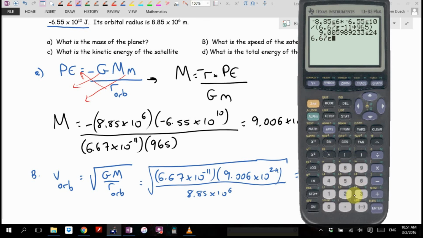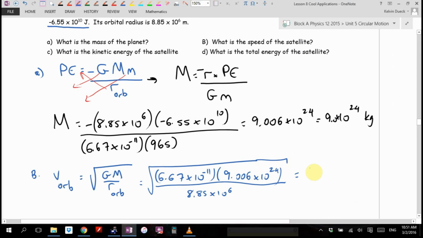Oh, square root. And that seems about right. Most of our orbital velocities were in the 1,000 or 10,000-ish range anyways, right? So 8,240 meters per second.